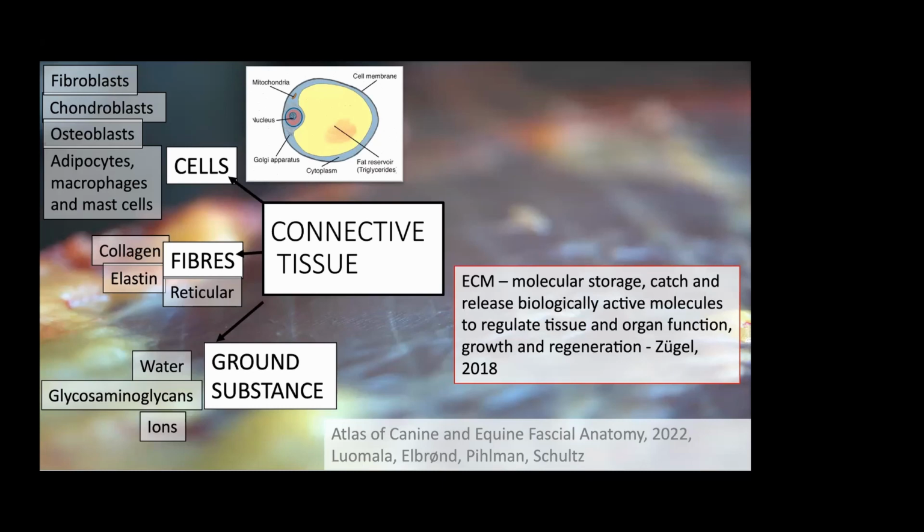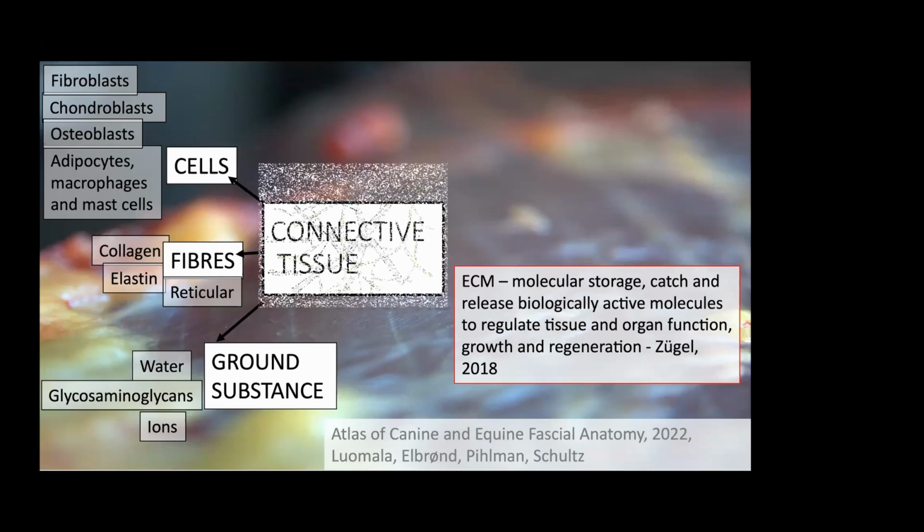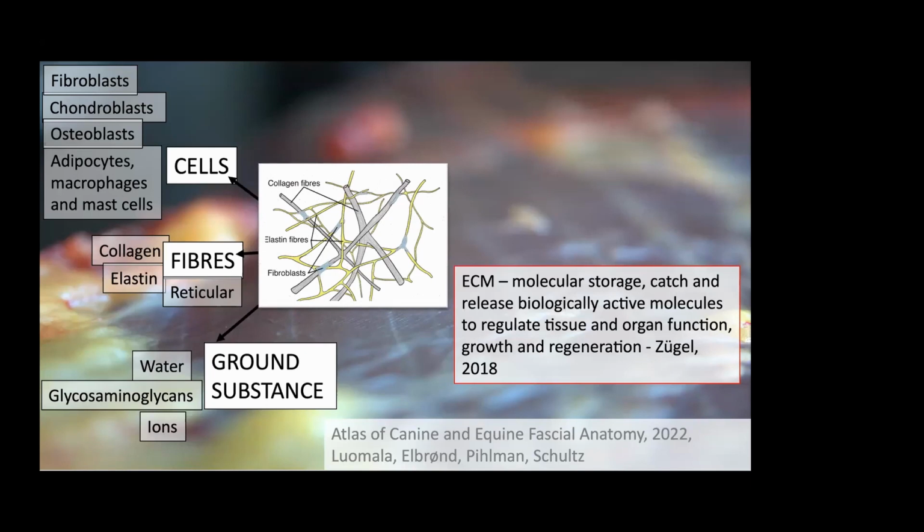And then when we are looking at the fibers, we are talking about the collagen, elastin, and reticular fibers. And in this image, you can see how the elastin fibers, fibroblast, and collagen fibers are forming this kind of matrix. So they are connected to each other, and they are talking to each other and forming this kind of mesh.